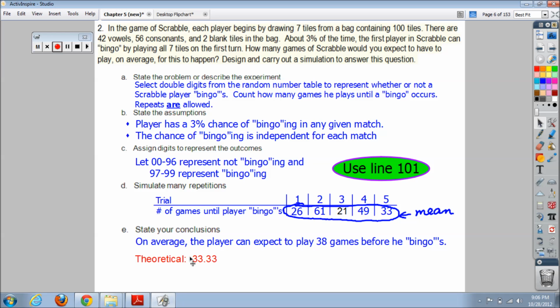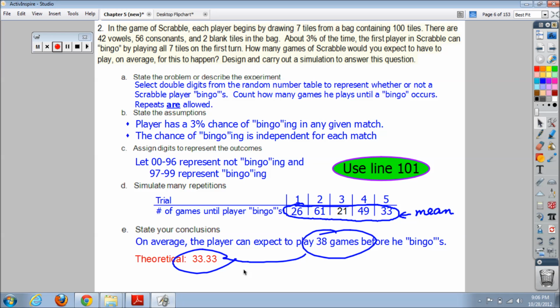And again, we'll get to it at some point, I don't necessarily think in this chapter, because this isn't necessarily probability, but we will get to where we will calculate this theoretical number. Now my 38 games is somewhat close to my 33 1/3 games, and you can't really play a third of a game, but this is the theoretical number, not the actual number. So we're not going to round it.